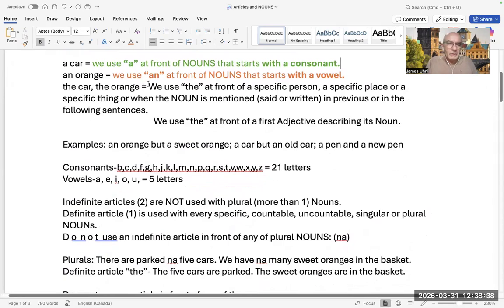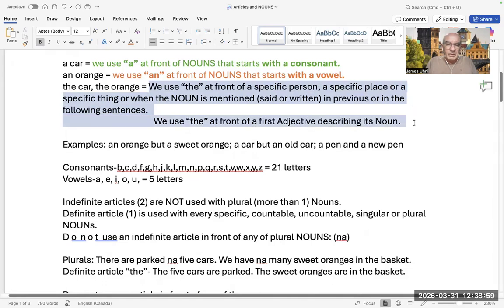And here we go. We use the in front of a specific person, a specific place or a specific thing, or when the noun is mentioned in previous or in the following sentences.